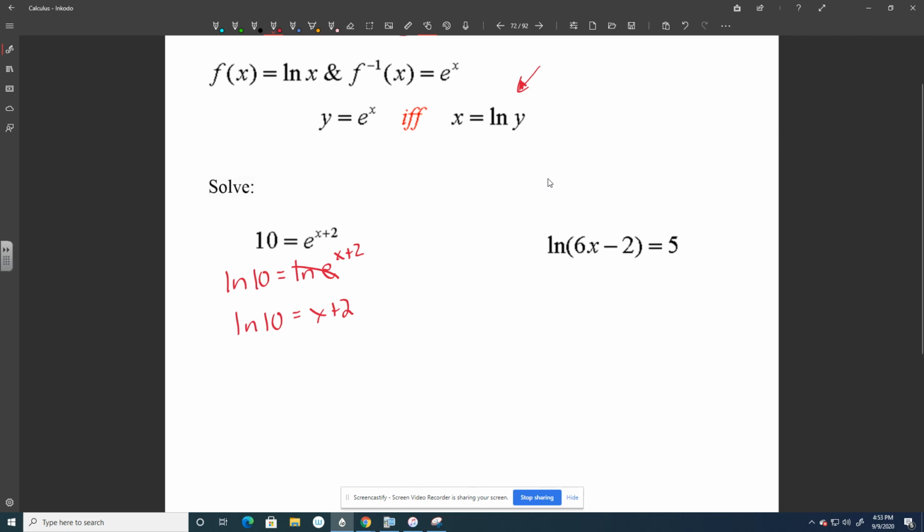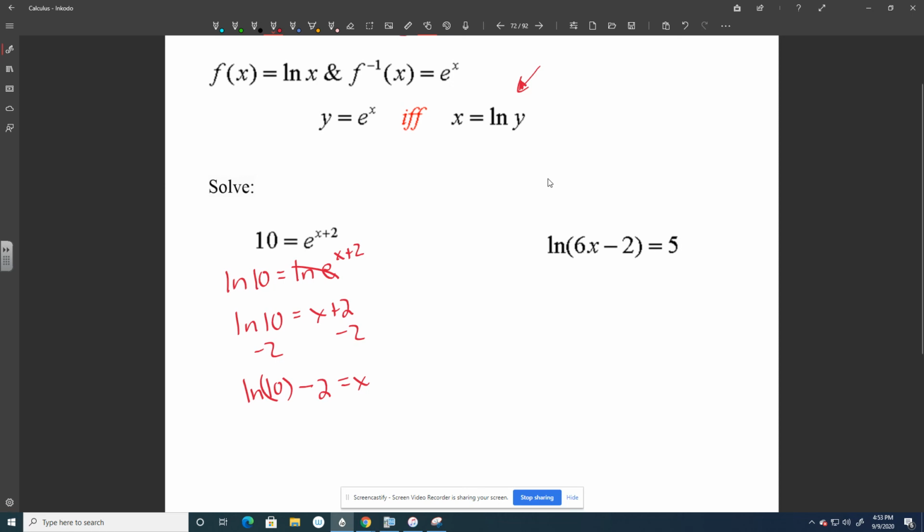So I'm going to subtract 2 from both sides. And be really careful, this is not the natural log of 10 minus 2. This is the natural log of 10, minus 2. And that's going to equal x, okay? So it just wanted me to solve for x. I didn't have to do any differentiation there. It just wanted x by itself.